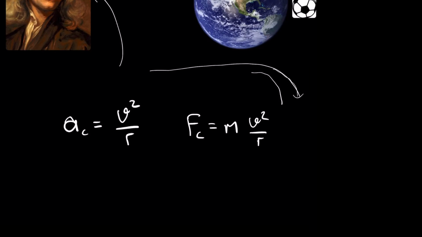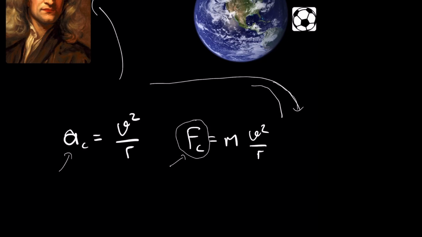But to summarize everything, the acceleration of a circular motion is equal to the squared velocity of the object over the radius of the circle. Thus, the force of circular motion is equal to mass times v squared over r.